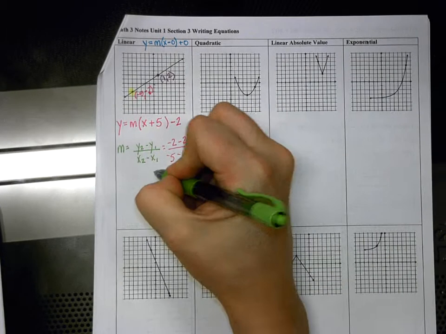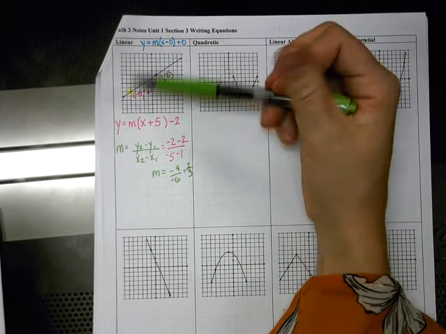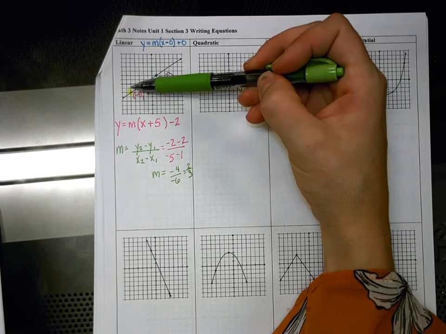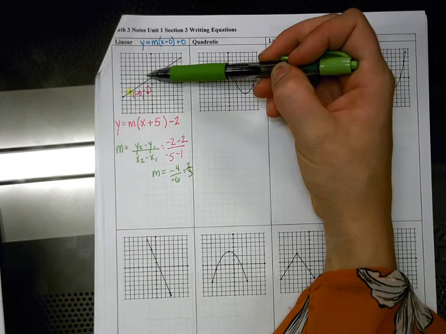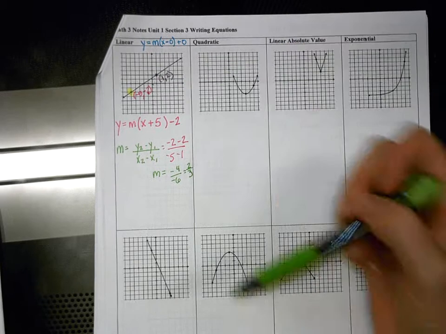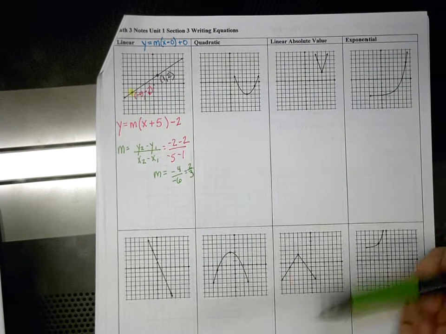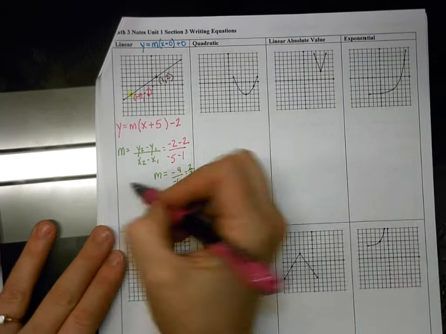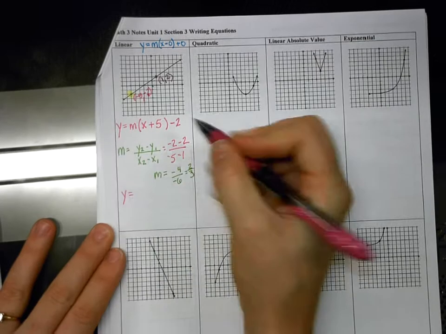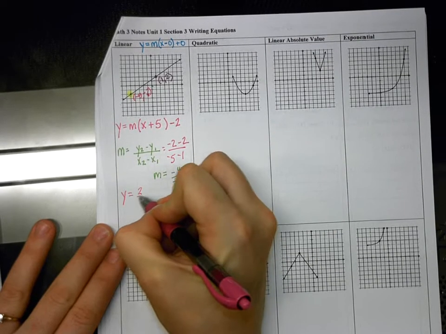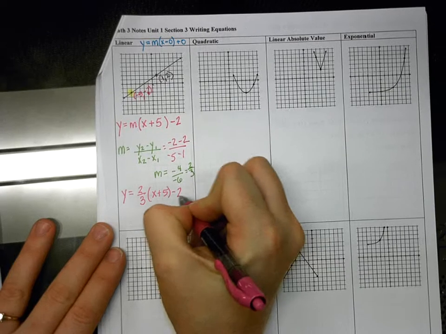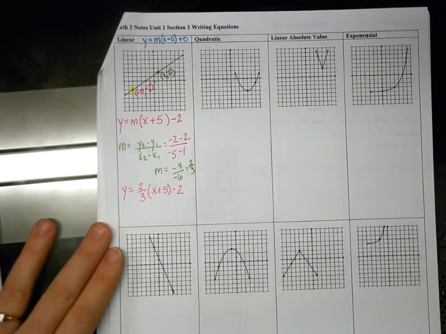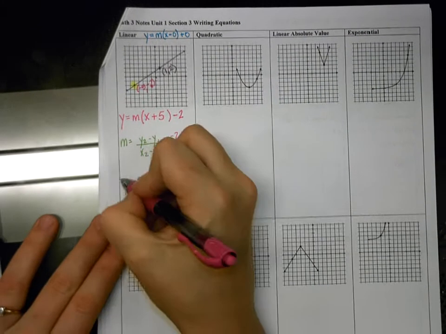Good. So my slope is 2/3. I could have counted that. I could have gone up 1, 2, 3, 4 over 1, 2, 3, 4, 5, 6, and then reduced to 2/3. I'm going to plug that in to my equation that I already have. And that would be my final answer.